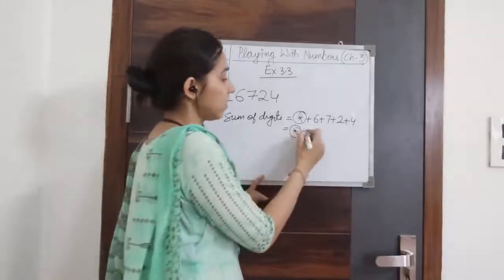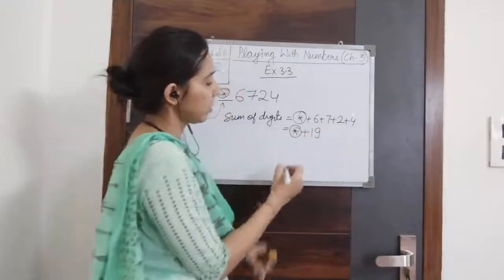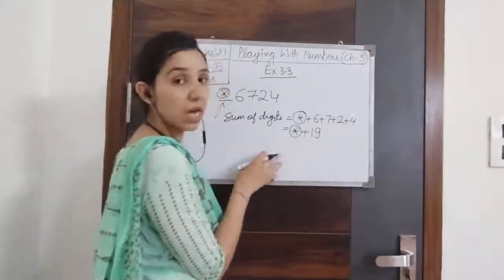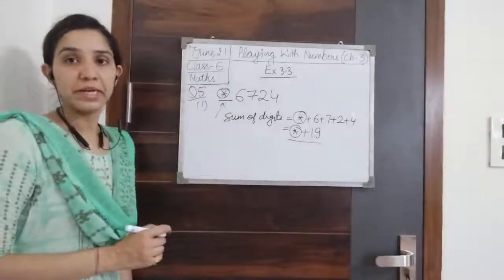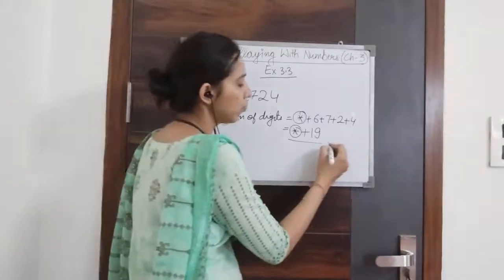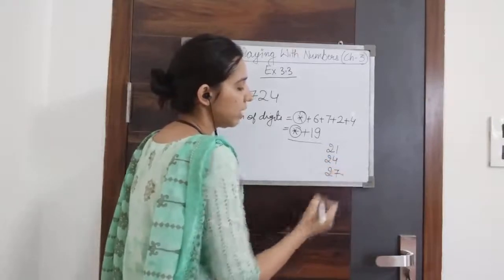It is 6, 13, 15, 19. The sum of digits is coming to be 19 plus star. This number should be divisible by 3. It means it should come in the table of 3. So it can be 21, it can be 24, it can be 27.